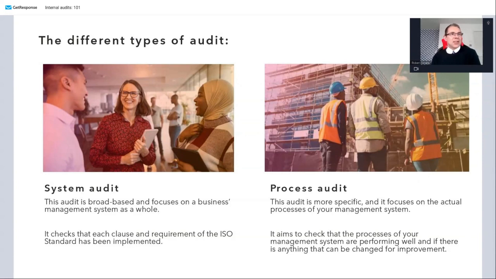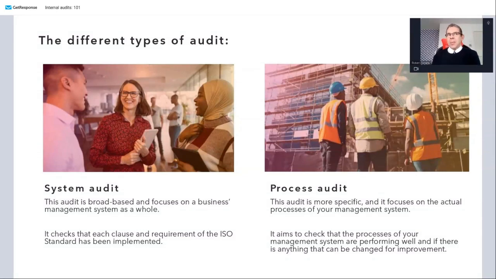So effectively, the standard tells us that we have certain goals and requirements to achieve. The system audit will allow an organization to run through that chronologically and actually see that all those elements of that particular management system standard are being adhered to.